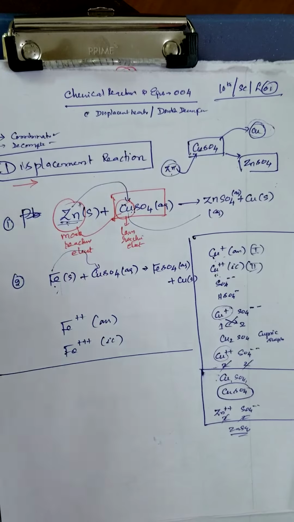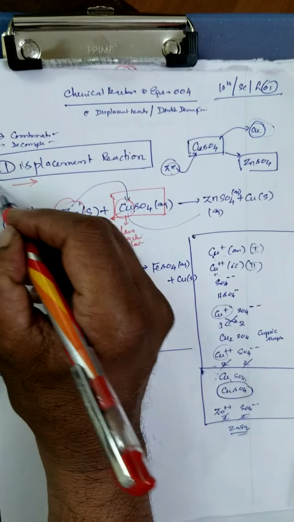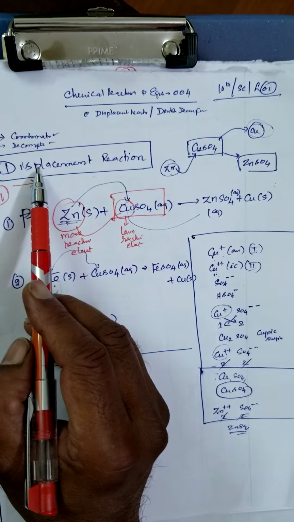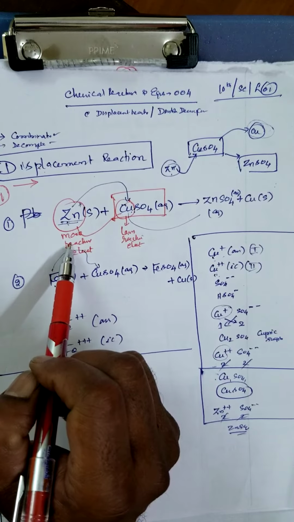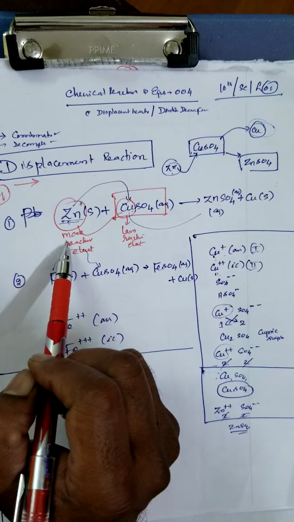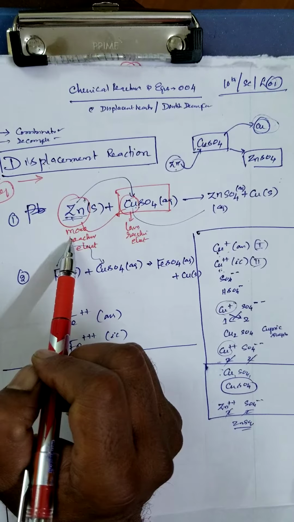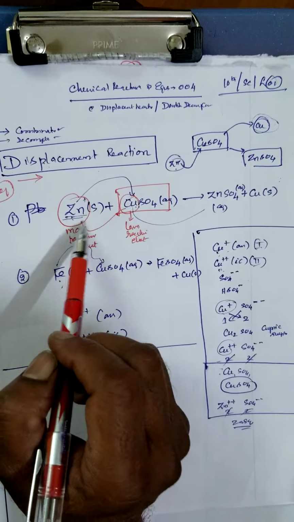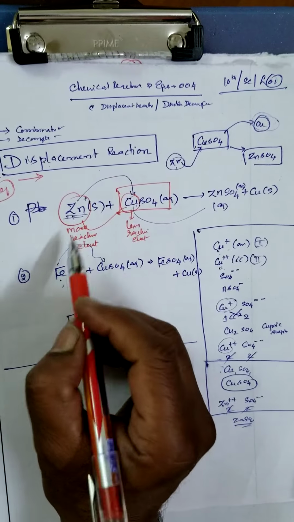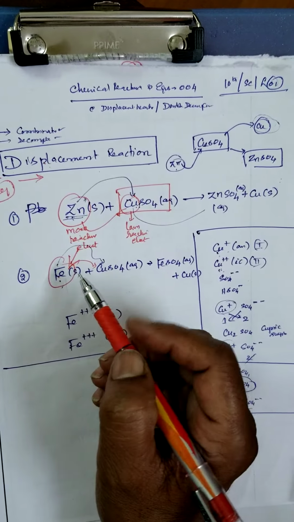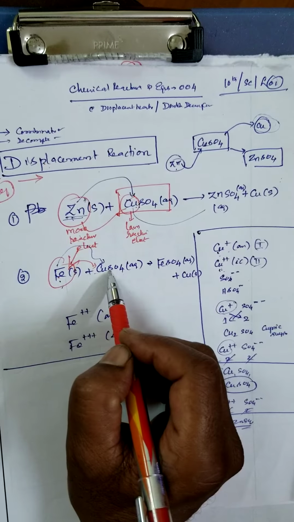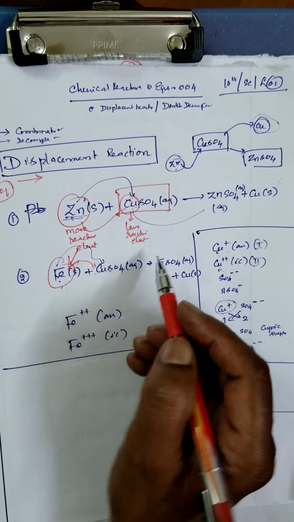Therefore, what is the displacement reaction? Definition they'll ask you. Displacement reaction is a reaction in which more reactive element. Here zinc is more reactive than copper. Similarly, iron is more reactive. More reactive element displaces or replaces the less reactive element, forming a new compound.